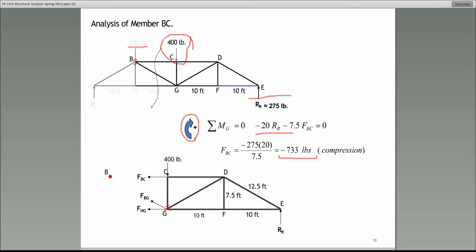You have to make an assumption about the direction of the internal force. I have assumed all three to be pulling away from the joint. Does everybody see that? Just look at the arrowhead. So, in other words, I've assumed all of these three are in tension. All right. Now, when I analyze the beam, now pay attention.